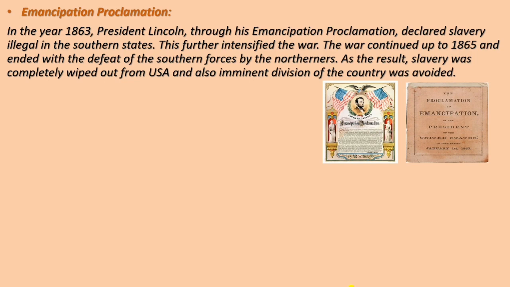The conflict intensified after this declaration and the war continued up to 1865. When the Northerners gained victory over the southern states, slavery was completely wiped out from the United States of America and the country's division was avoided.